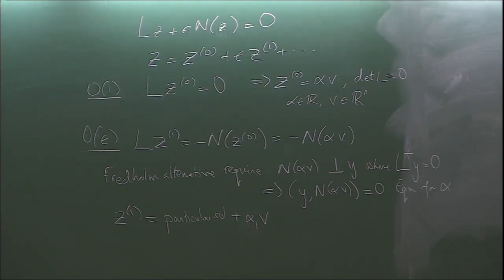Now, how do I find what alpha 1 is? You have to give me some condition. You could tell me, look for those Z1s which are perpendicular to the null space, in which case I will set alpha 1 to 0. Alternatively, you could say, go to the next order.